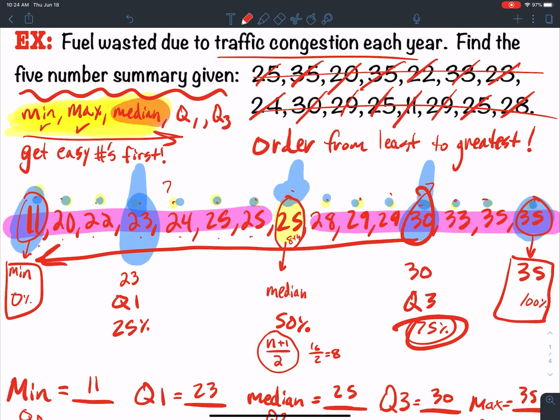To get Q1, you do n plus 1 divided by 4, okay? So that would be 16 divided by 4, which is 4. So you go 1, 2, 3, 4, the 4th position, okay? To get Q3, you do n plus 1 in parentheses and multiply by 3/4, which is 75% if you think about it for a second, okay?